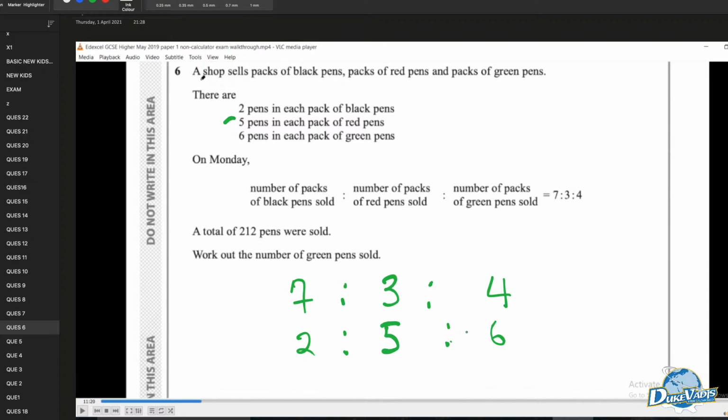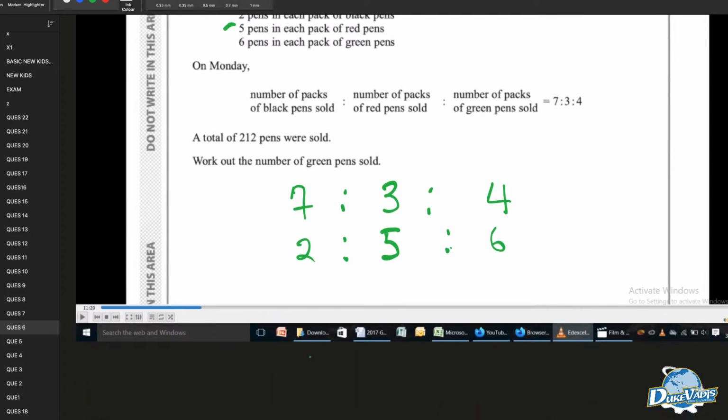To be able to get it right, we have to multiply them to get the actual number. So when we multiply 7 by 2, 2 times 7 will give us 14.